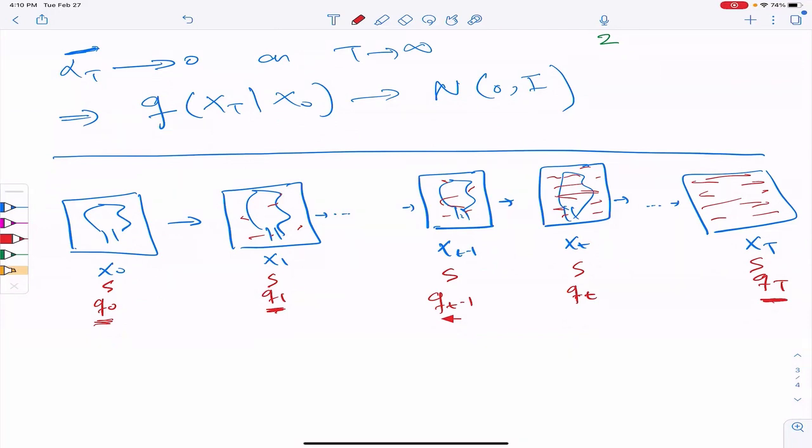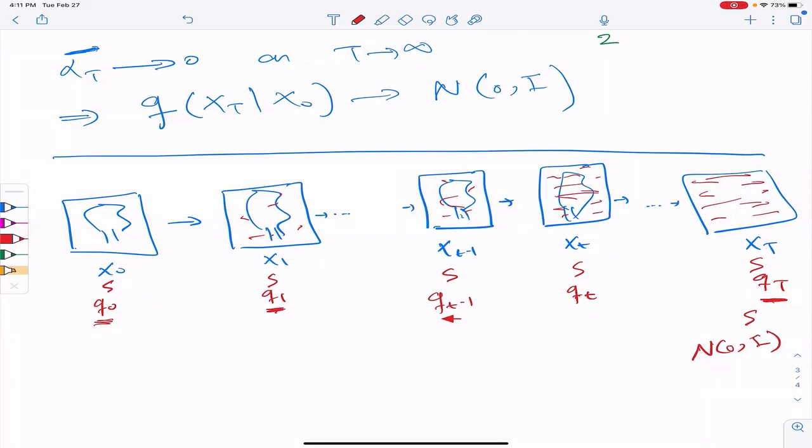Yes, exactly. Because we added more and more and more noise to it, it more or less converged to a Gaussian distribution. Okay, not a bad start, right? So at least we have a defined distribution at the end. I don't have individual qs. That's a bummer, but I have something at the very end.